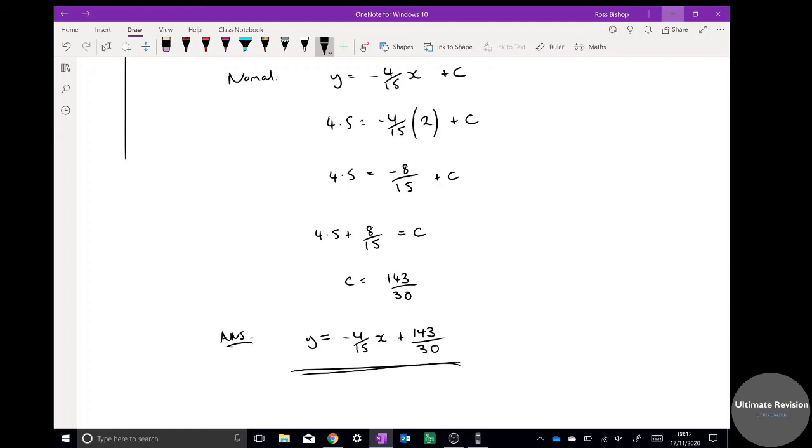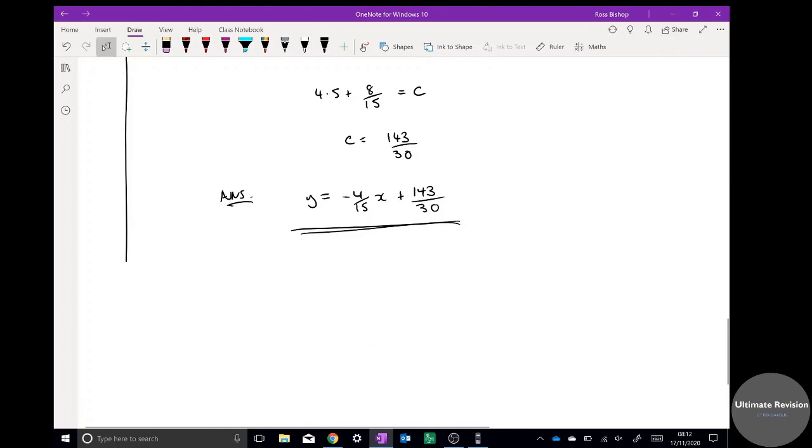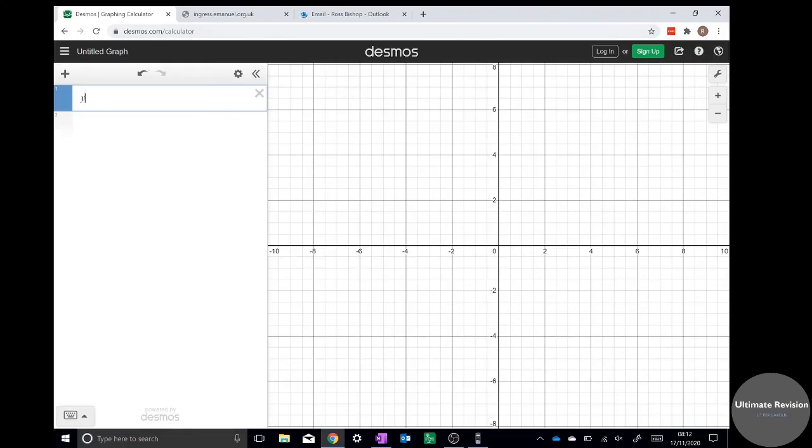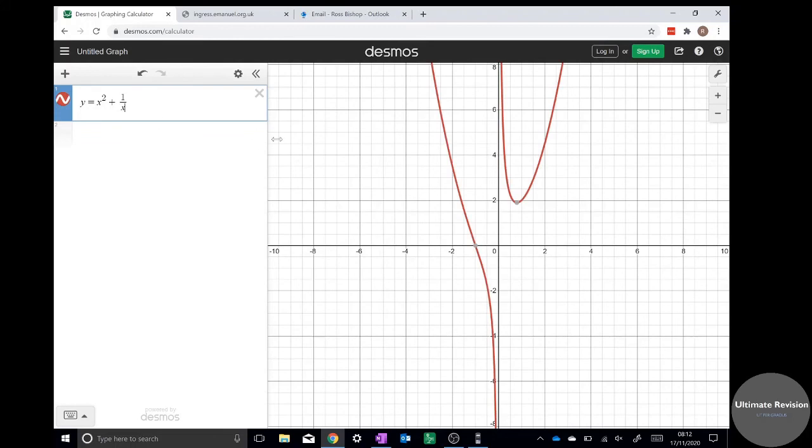and that's the equation of my normal. Okay, now let's just double check this in Desmos to see if it does look about right. So you can always check using a graphing calculator if you've got one, or just have a look on desmos.com. The equation of the curve was y equals x squared plus 1 over x, and it was the gradient at 2.